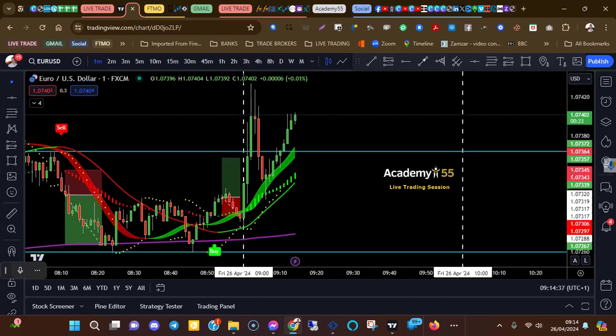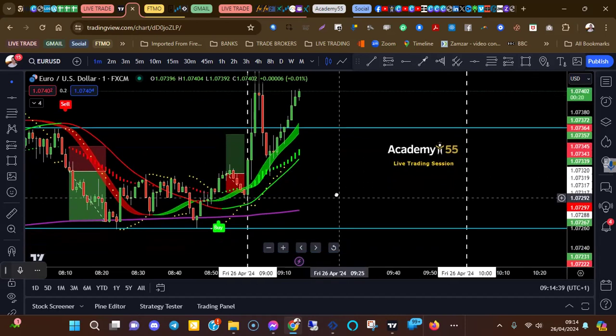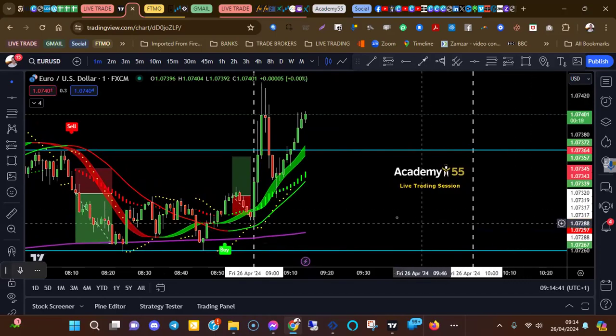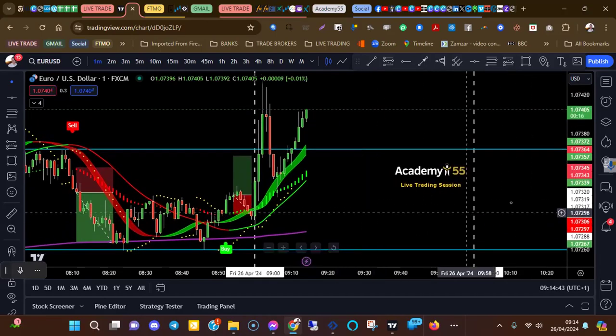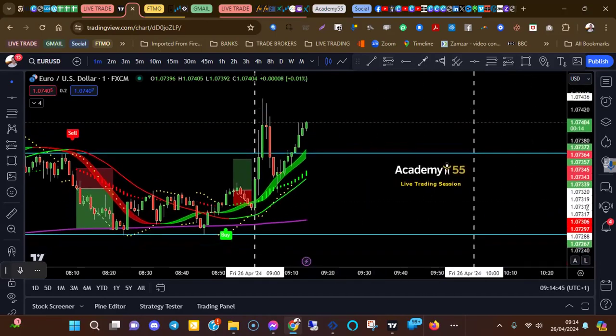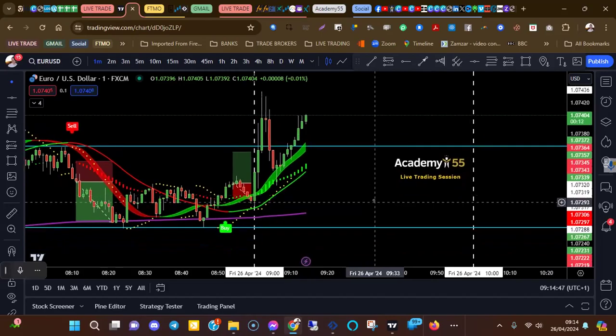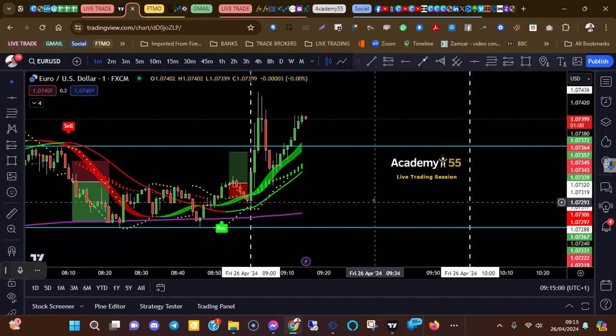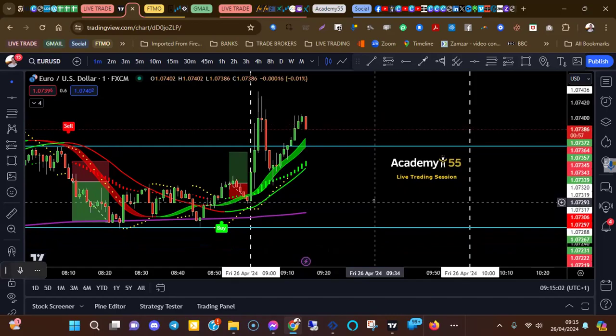Like the old saying, if America sneezes, the rest of the world catches a cold. Same in the Forex world, really. So it's very important to understand or take notice of what the dollar is doing because of that pie chart, 55% of it.